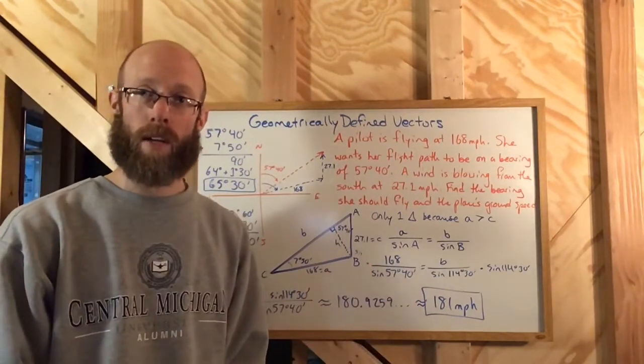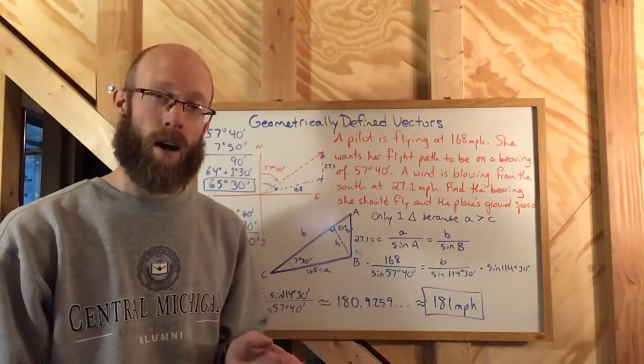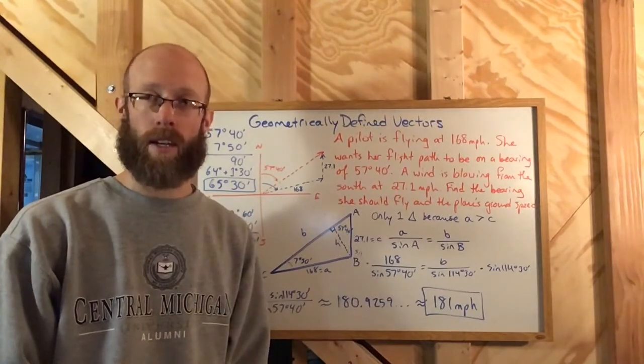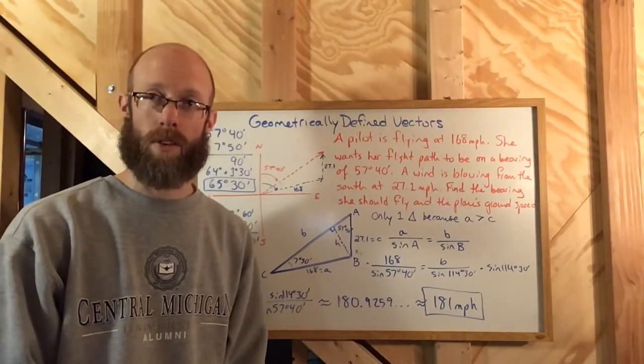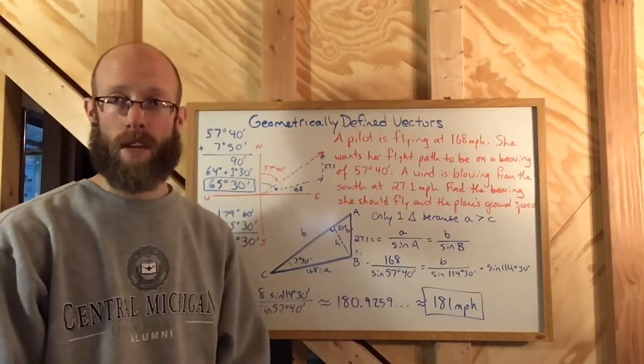Okay, but it can be calculated. We have computers that can do a lot of this for us now, but some of this still needs to be done by hand or on a calculator last second. So kind of interesting stuff, and it can all be done using trig, law of sines, law of cosines.